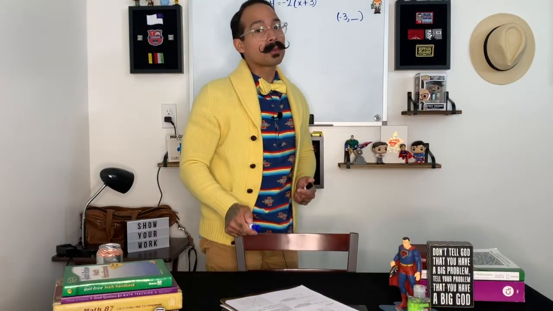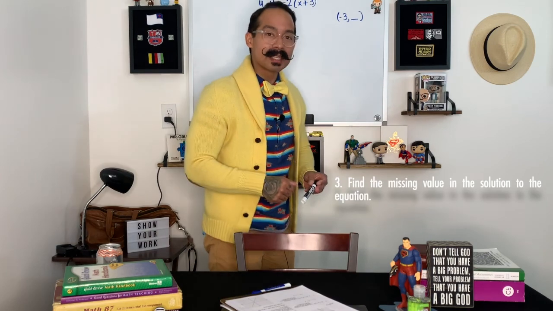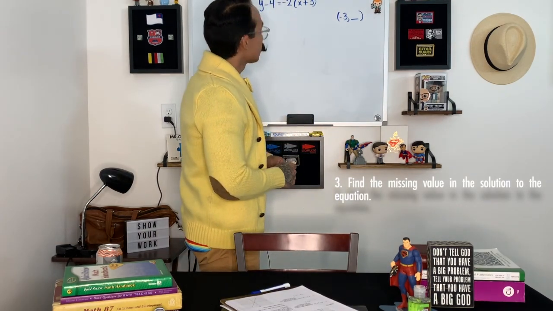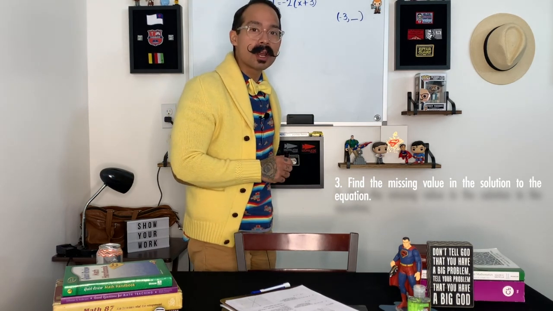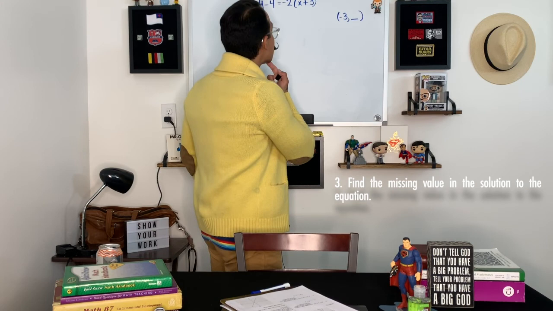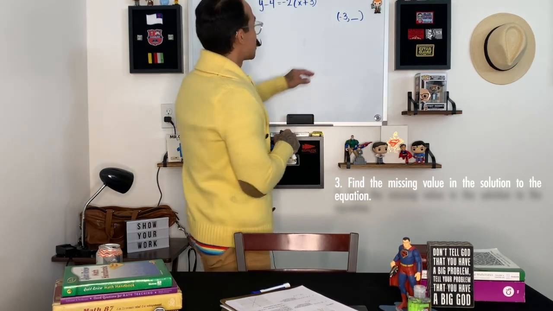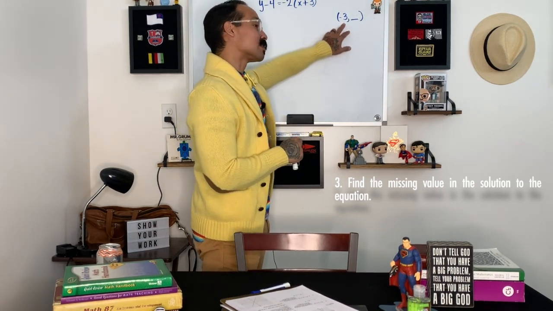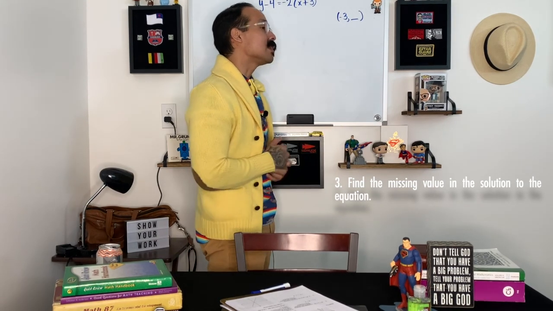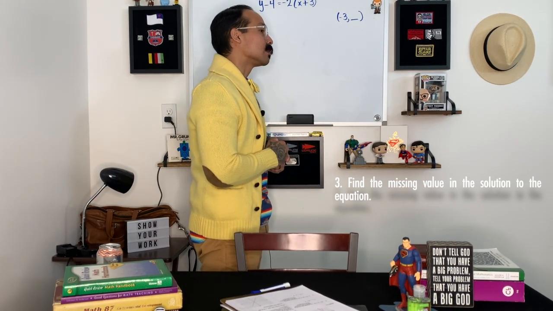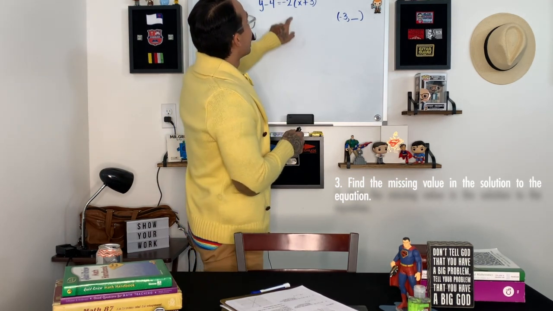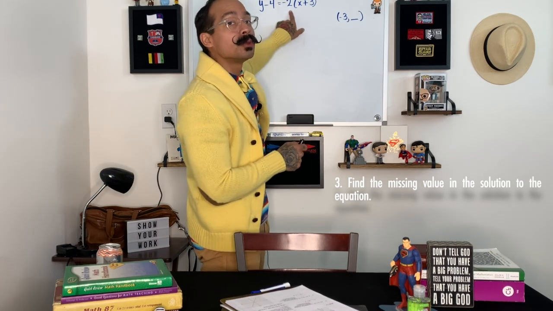For question number 3, we're asked once again to find the missing value in this solution. Now, what's different about this question than our previous question? That's right. In this question, we're given the x value of our solution, but we're missing our y. You notice anything else that's different? Yeah, when I look at this equation, I see I've got to distribute first.